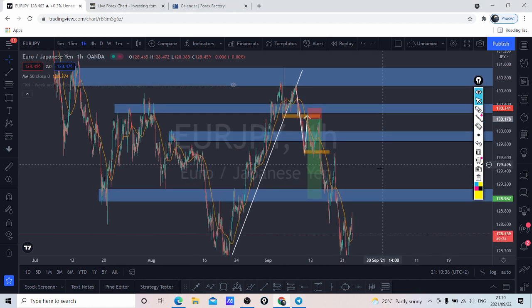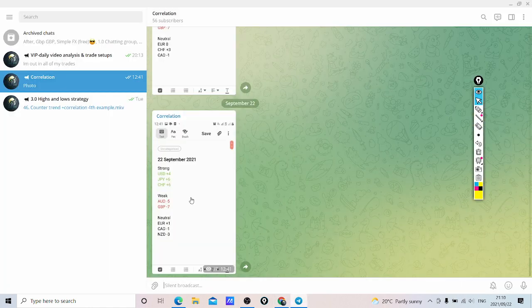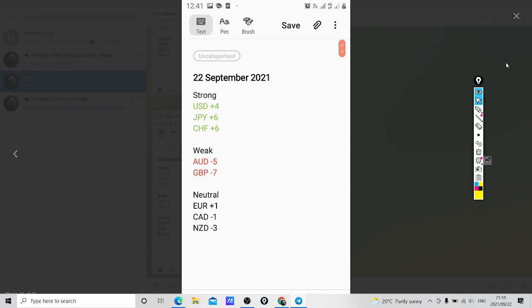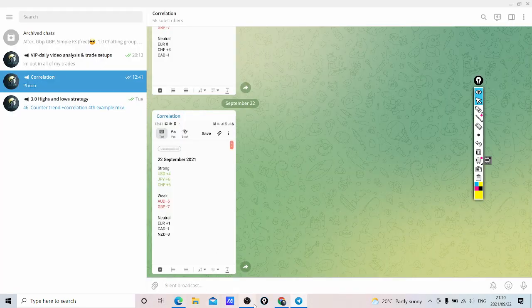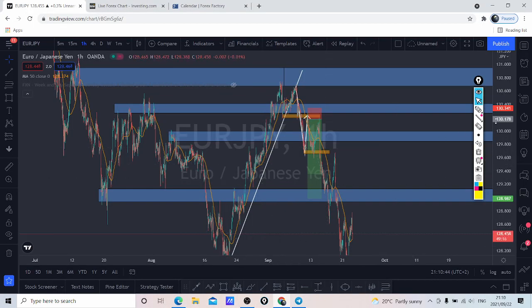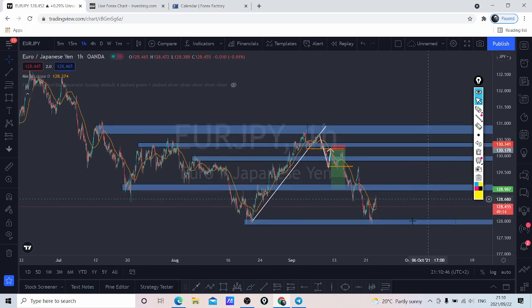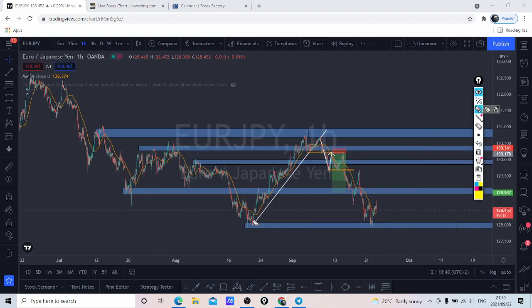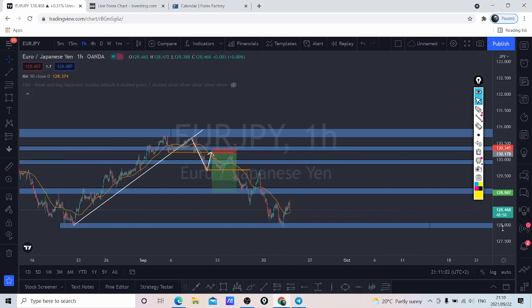But this trade was a valid trade because of those reasons. Number one, based on these numbers, the market is telling us to look for a sell. Number two, we saw that the previous trend has been broken, and the market broke the previous resistance here, meaning that we are now looking for sells only.